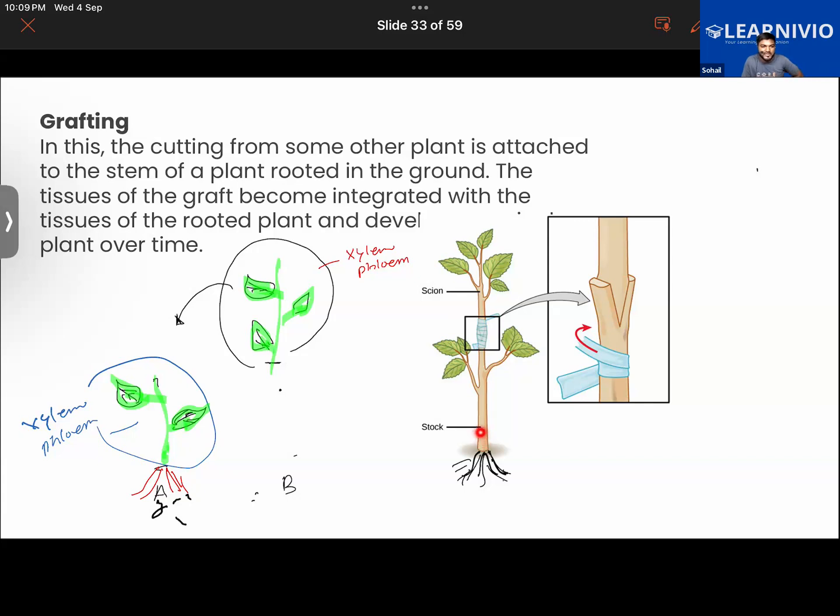The scion is that component which is grafted onto the stalk. Also, all the different things like fruits and flowers will be growing on it. Is this topic clear to both of you? Please clarify, only then I will be moving to the next topic.